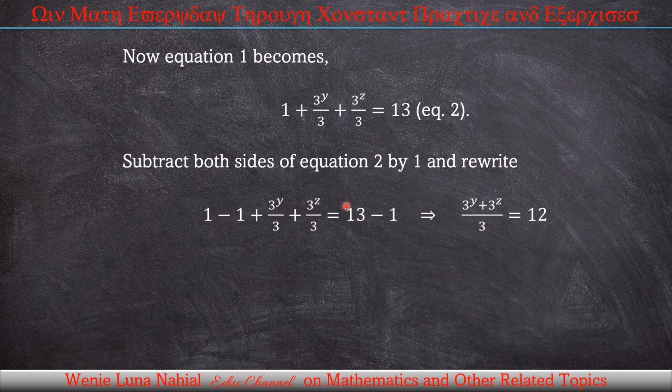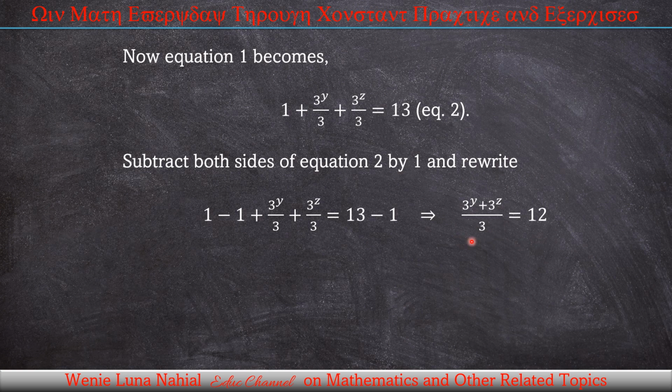So we have 1 minus 1 at the left side and 13 minus 1 at the right side. That is because we want to get rid of this constant at the left side. So we applied here the subtraction property of equality. So this one becomes 3 raised to y plus 3 raised to z all over 3, because you added rationals with the same denominator. All you have to do is take the sum of the numerators and copy the common denominator. So this is the result.